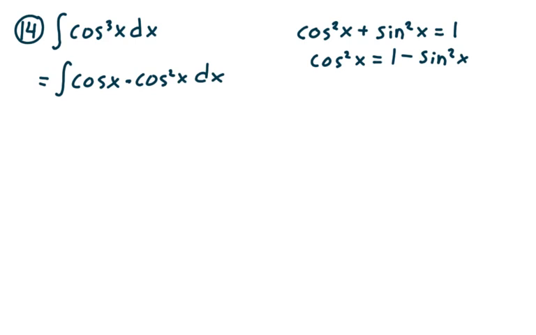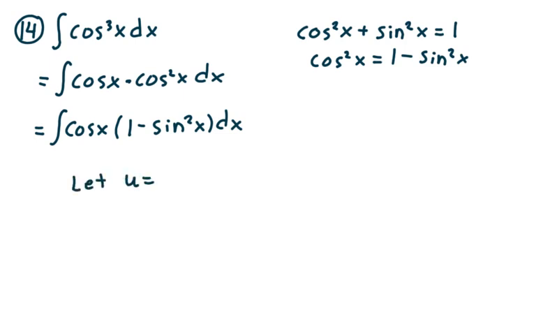The reason why I would do that is because I know that the derivative of sine x is equal to cosine x. And so I'm going to rewrite this as the integral of cosine x times 1 minus sine squared x dx. And now I'm ready for my u substitution.